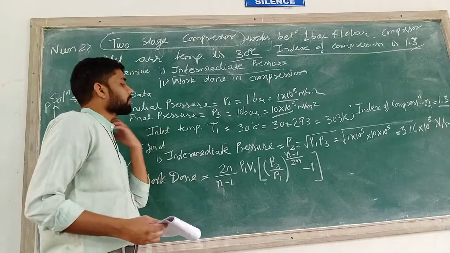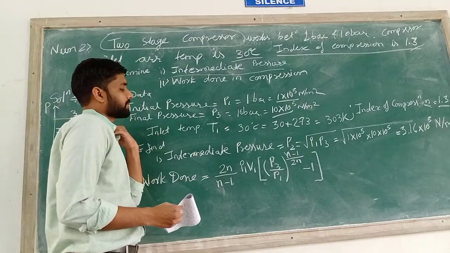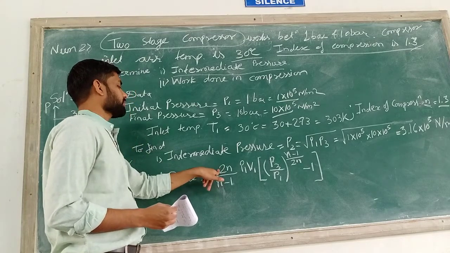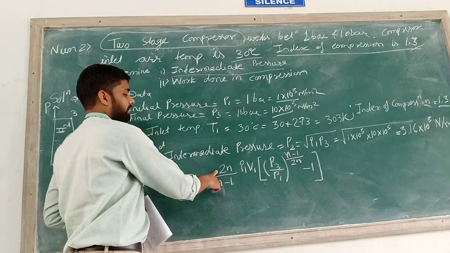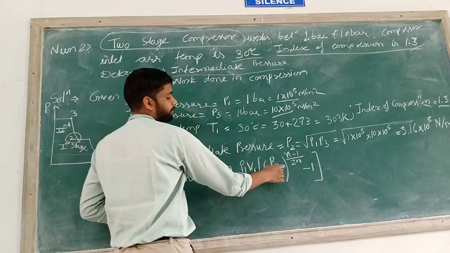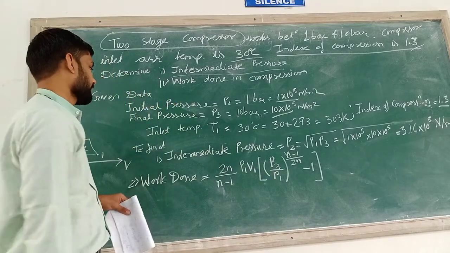This is the formula for work done for polytropic compression, where it is a two-stage. That's why we use this multiplier factor 2 here, and instead of P2 we are using P3 here. All the other properties are the same.